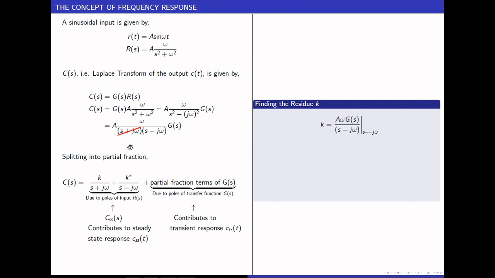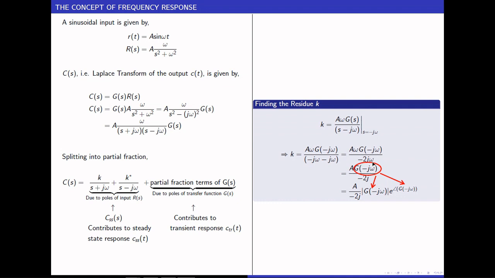K is equal to A omega G of s by s minus j omega, the entire thing calculated at s is equal to minus j omega. So let us substitute s is equal to minus j omega. What we will have is A omega G of minus j omega, and with s equal to minus j omega, we get minus 2 j omega in the denominator.